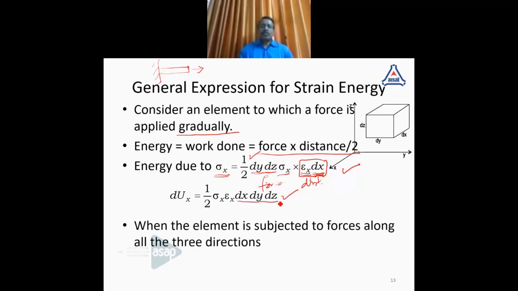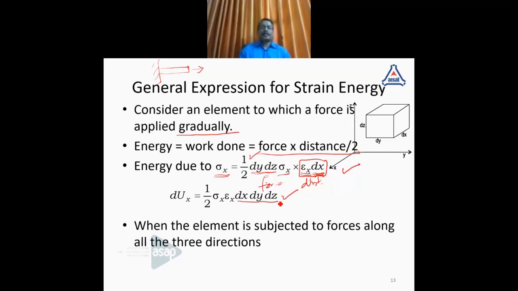Here only one force is applied and only a normal stress is produced by that force, and due to the normal stress, a normal strain along the x direction alone was present in the body. Now what we are going to consider is forces acting along the x direction, y direction, and z direction.